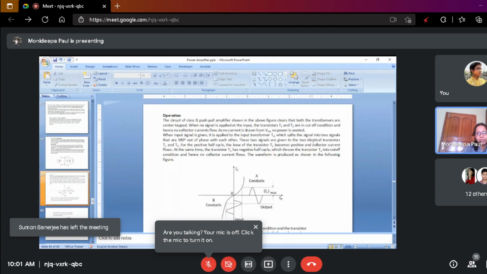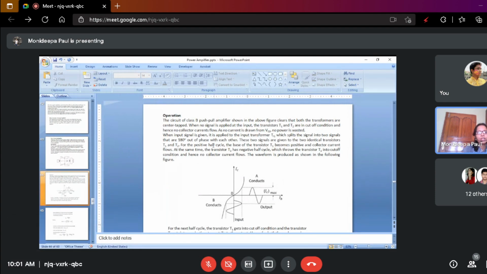These two signals are given to the two identical transistors T1 and T2. For the positive half cycle, the base of the transistor T1 becomes positive and collector current flows. At the same time, the transistor T2 has the negative half cycle, which throws the transistor T2 into cut-off condition.